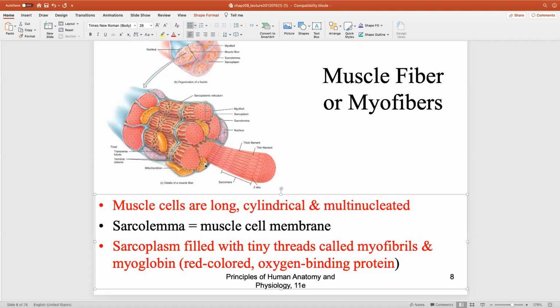Again, inside each cell, lots of myofibrils, where the proteins are meant to contract and will be arranged. You have lots of myofibrils per skeletal muscle. The more you work out, the more myofibrils you form. The more myofibrils, the bigger the cell gets internally, the more the muscle grows.